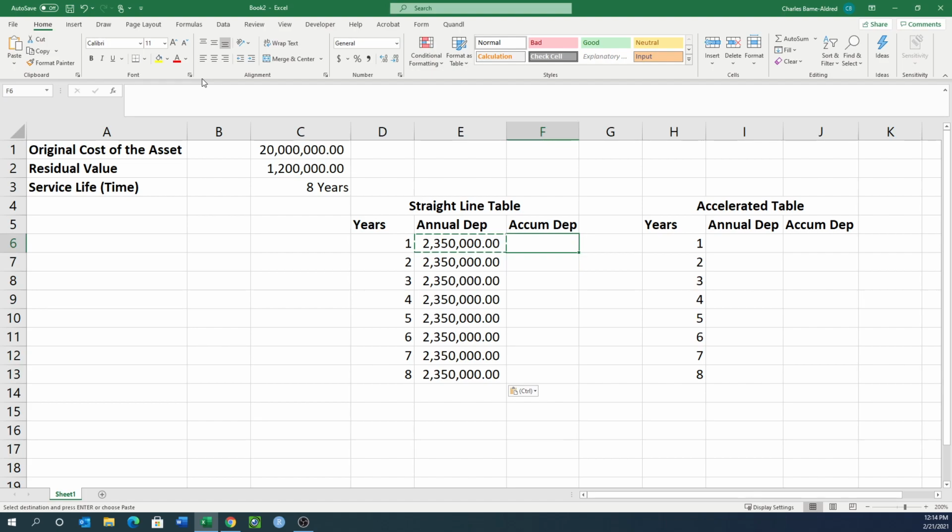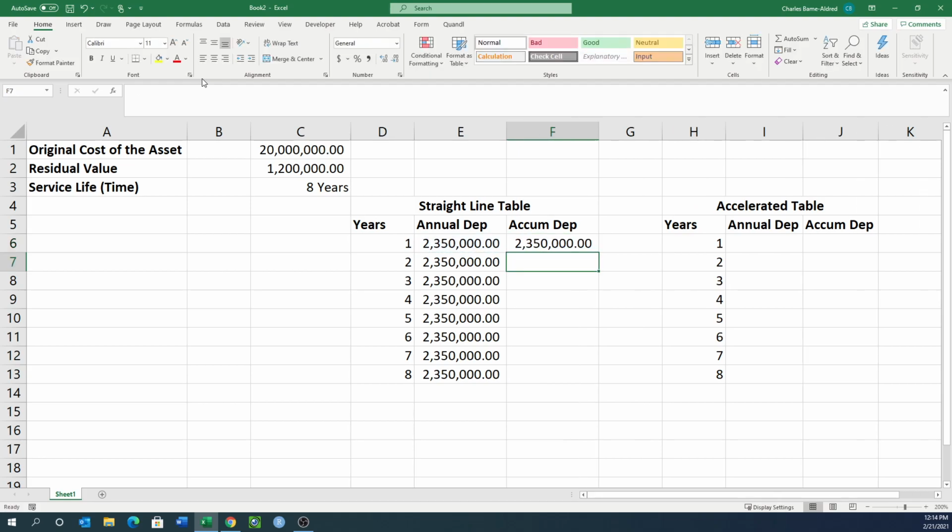Now I can start accumulating the depreciation. In the first year, the accumulated depreciation is just going to be that year's depreciation. The next year, it's going to be this year's depreciation plus the accumulated depreciation from the prior year. And so on and so forth.